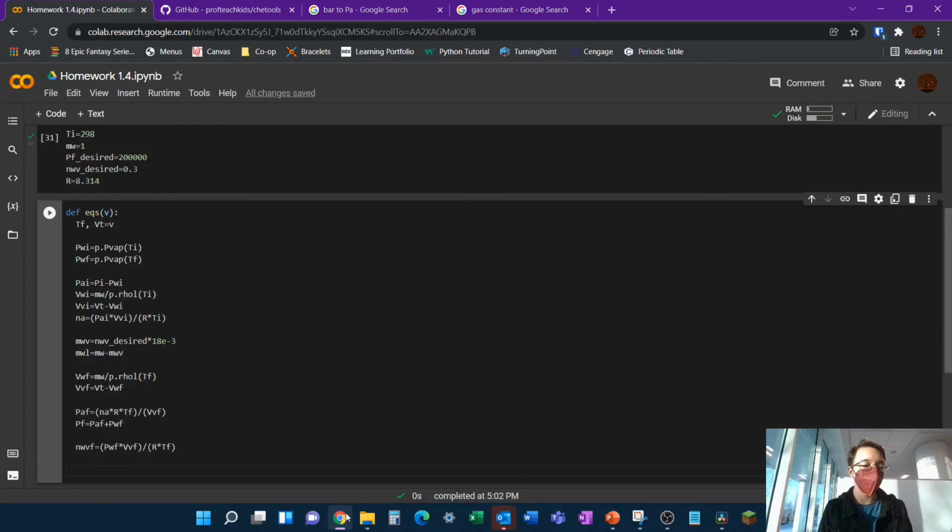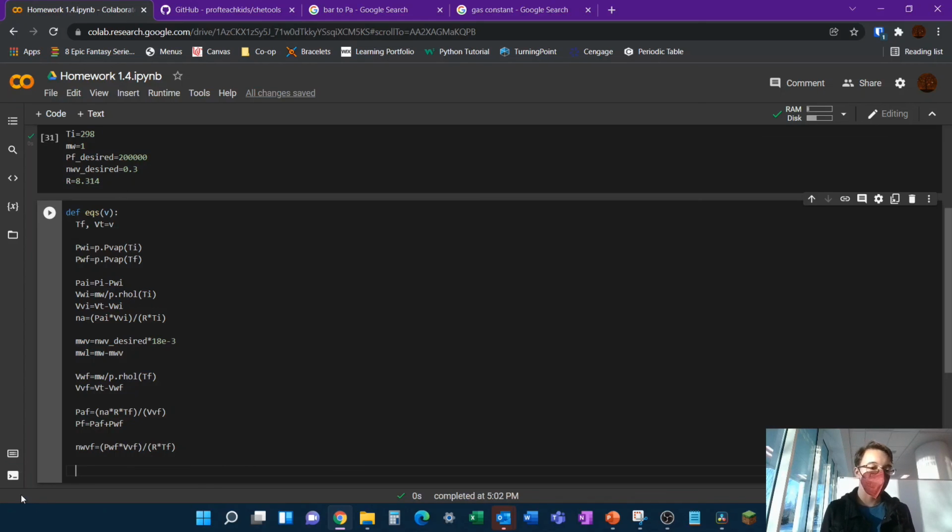These are all the equations that we need, but we need our function to return something. Remember, we want our equations to run through themselves with an initial guess, and then iteratively change the guess until the pressure final equals the pressure final that we desire, and the moles of water vapor final equal the moles that we desire.